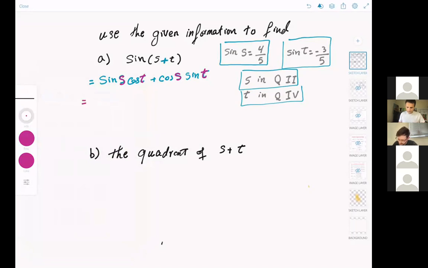We solved a couple of questions like this last week, so let me go over it quickly. Sine of S, we have it, is 4/5. So I put 4/5 here, multiplied by cosine of T, which we don't have, so it's not given.